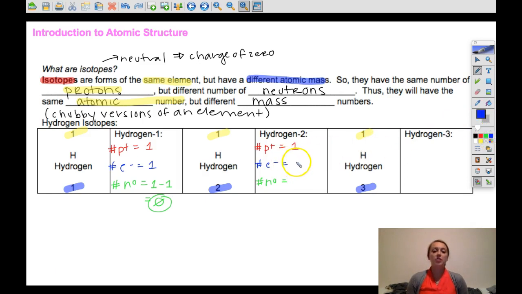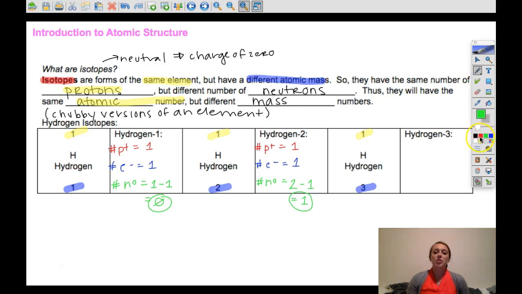Because our atoms are neutral, the number of negative electrons equals the number of positive protons, so we only have 1 electron still. But in this particular version of hydrogen, there are 2 things that live in the nucleus. So if 2 things live in the nucleus, and we know that 1 is a proton, we take 2 minus 1, so that means that 1 of the 2 particles is a neutron.